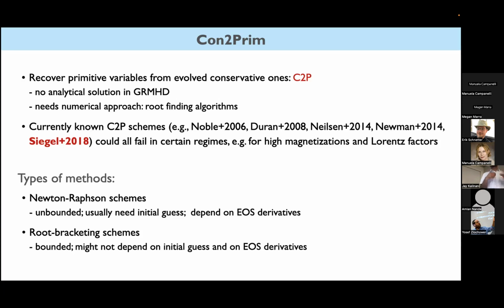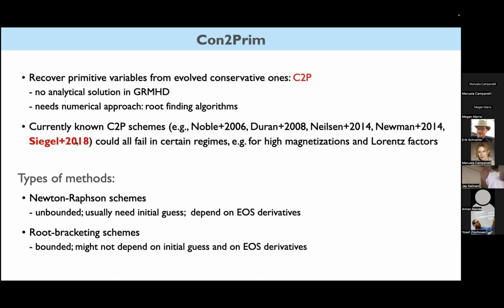So you need to employ some root-finding techniques in order to retrieve these primitive fundamental variables, and these are called cons-to-prim, or C2P, schemes. Currently there are different C2P schemes existing in GRMHD, such as Noble et al., Duran et al., Nielsen et al., and there are many more. Siegel et al. 2018 gives a really good review of these different schemes.